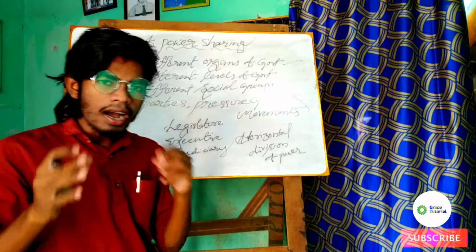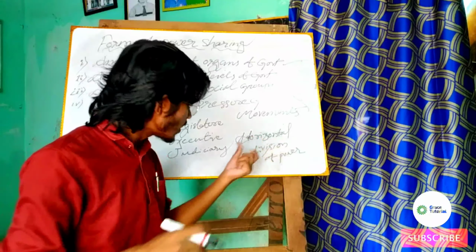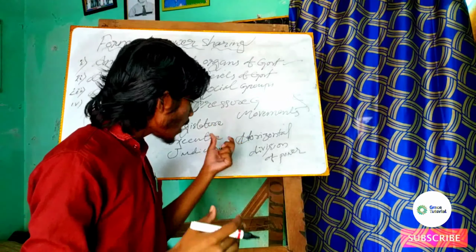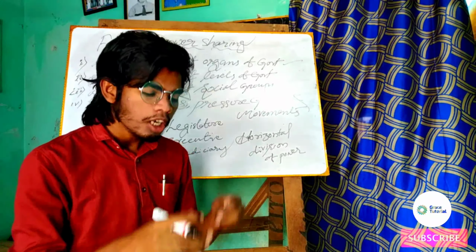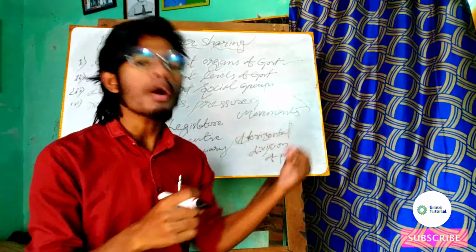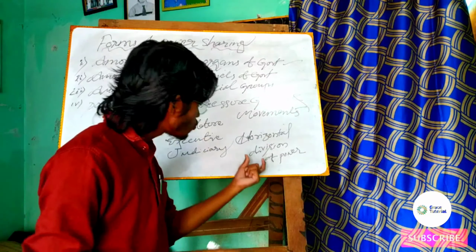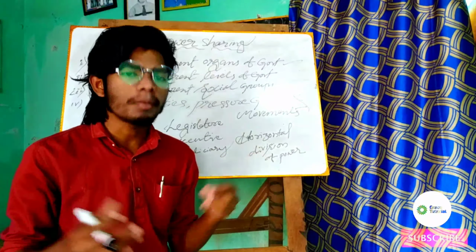I already explained the horizontal division of power in the first part of this chapter. What do you mean by horizontal division of power? When the division of power takes place among the different organs of the government, that is called a horizontal division of power.